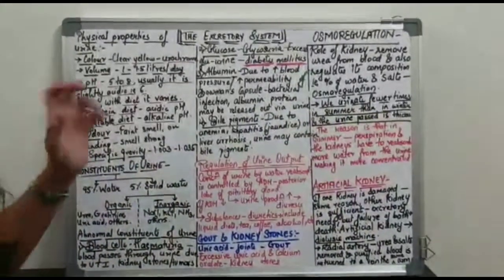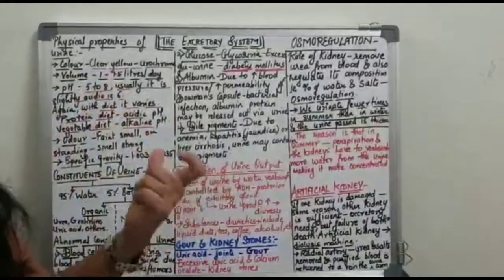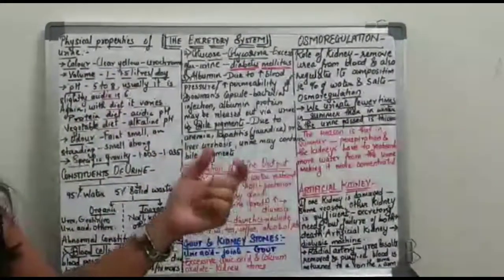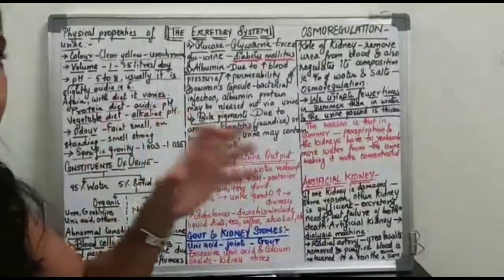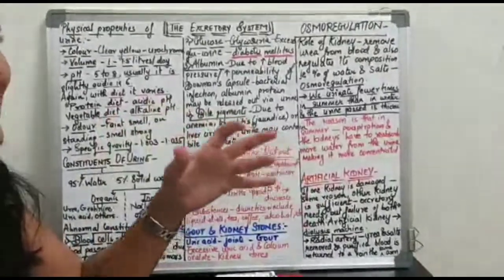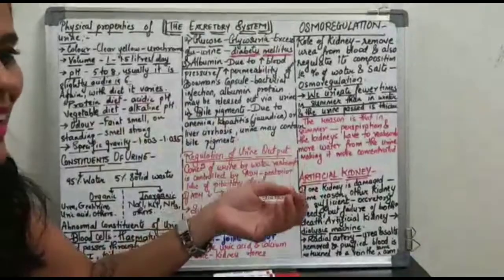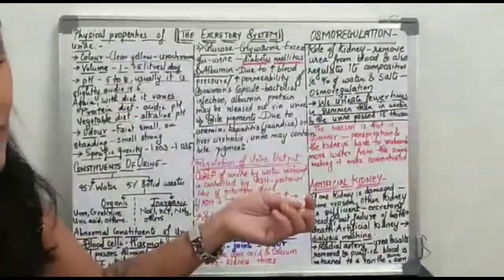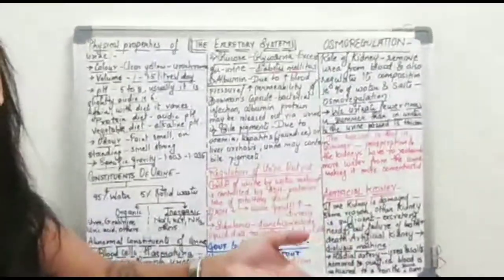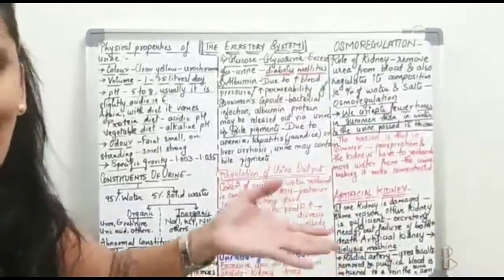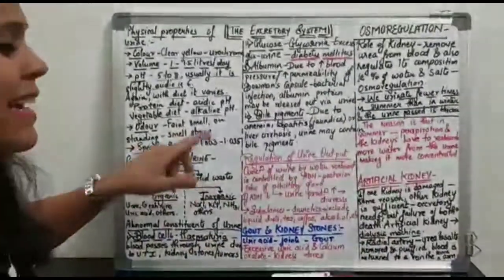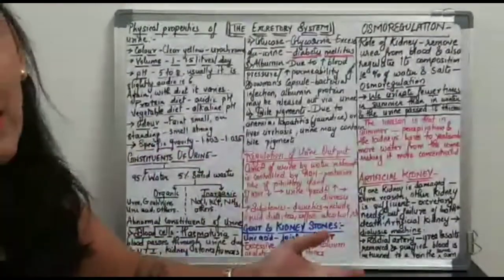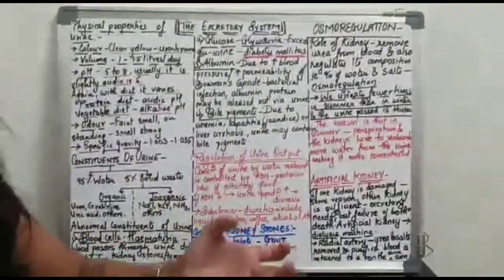Now, odor. There's no odor in the urine. Okay, so there's a faint smell ideally. Okay, but if you continuously stand in a place which is surrounded by these excretory products, definitely you will get a very strong smell of ammonium products.